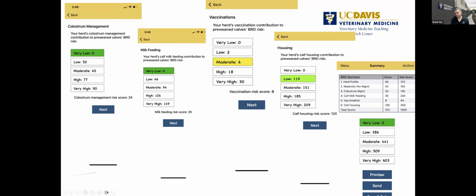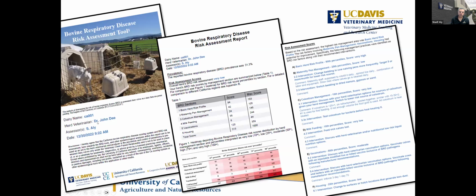At this point, you have a couple of options: preview the report, send it to the producer, or send it to yourself. The report self-populates the information you've entered, so anything in light blue font has already been entered into the report PDF, and then you can email that. It also shows the table that came up from the risk assessment once it was complete.